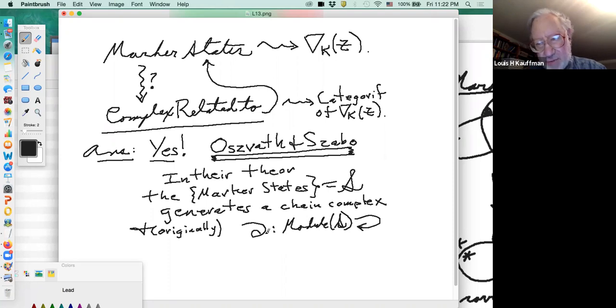Then that boundary mapping comes from high-dimensional topology, high-dimensional differential topology.